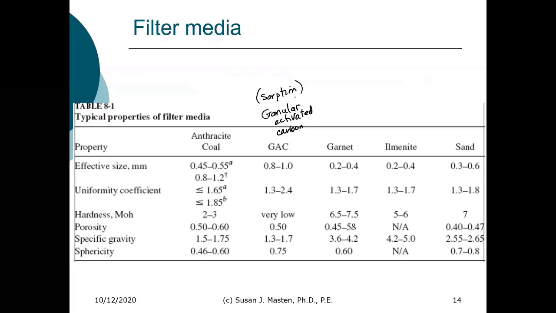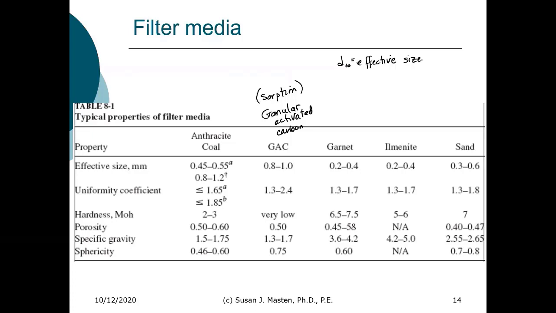It's used for sorption, not for physical removal by filtration. Garnet, ilmenite, and sand. Now, there are a number of parameters we use. One is the effective size. The effective size is defined as the sieve size for which 10% of the sand passes.